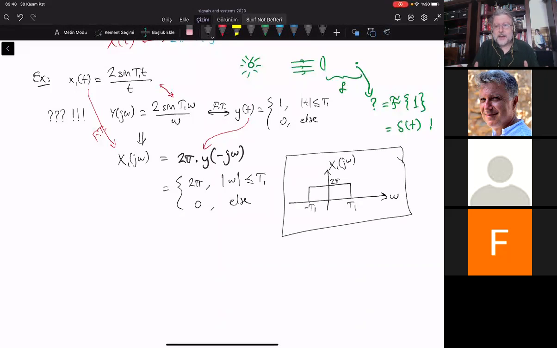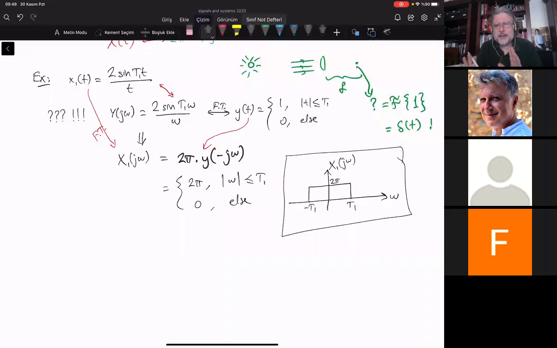What does it say? It says that the Fourier transform of a sinc is a rectangle. You have to, of course, fold it around omega, but it will give you the same signal. So this is x1 of minus j omega actually, but it's the same as x of j omega because it's symmetric around the origin. So the Fourier transform of a sinc is a rectangle. The Fourier transform of a rectangle is a sinc.